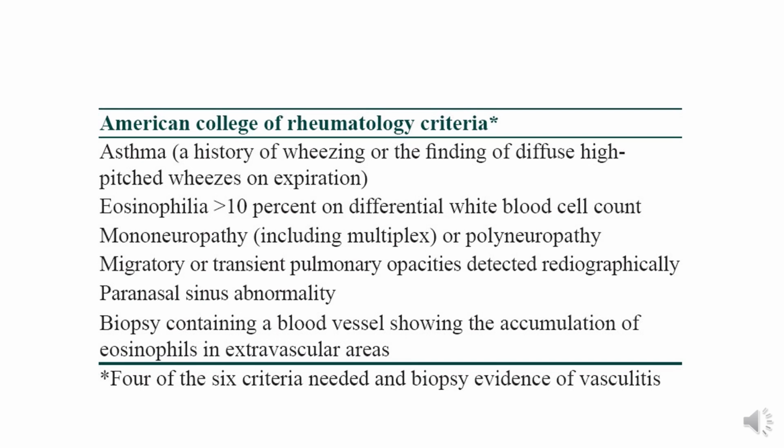The diagnosis of eosinophilic granulomatosis with polyangiitis needs 4 of the 6 criteria and biopsy evidence of vasculitis: asthma, eosinophilia, mononeuropathy or polyneuropathy, migratory or transient pulmonary opacities, paranasal sinus abnormalities, and on biopsy accumulation of eosinophils in extravascular areas.